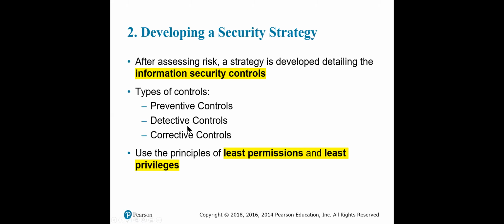Detective controls include recognizing when anything went wrong, such as unauthorized access attempts, and thereby limiting the resulting damage. The corrective controls involve mitigating the impact of any problem after it has arisen, such as restoring compromised data.